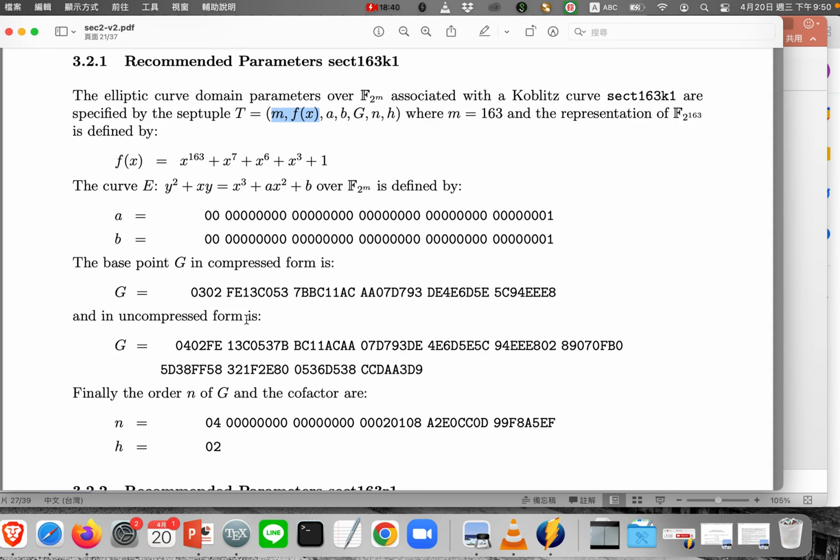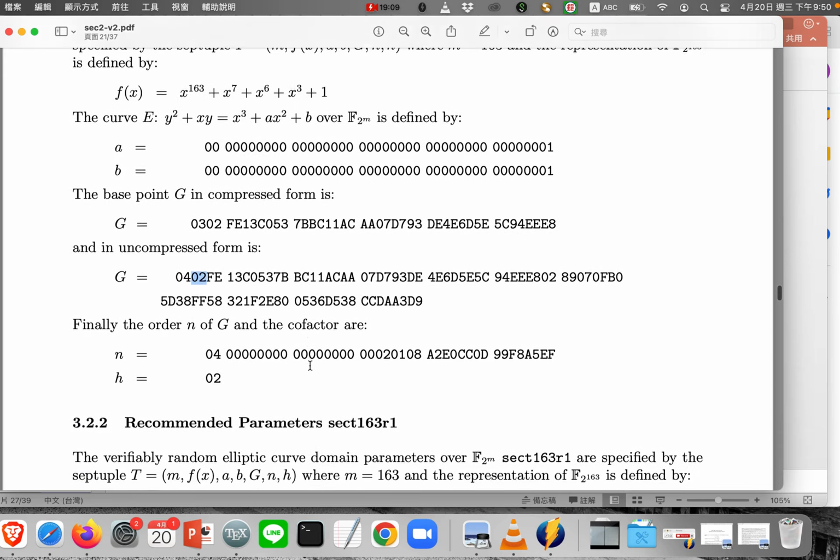Now base point G, compressed form and uncompressed form. Uncompressed form starts with 04. Starting from 02, E8 to here, that's the x coordinate, and then what follows is the y coordinate, uncompressed form.